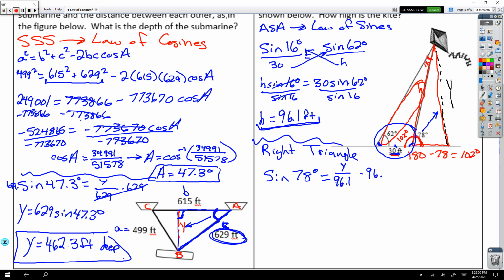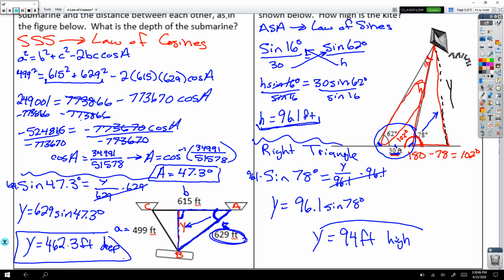Multiplying that over, we have y equals 96.1 sine of 78 degrees. So our kite is 94 feet high. Alright, and that's it.